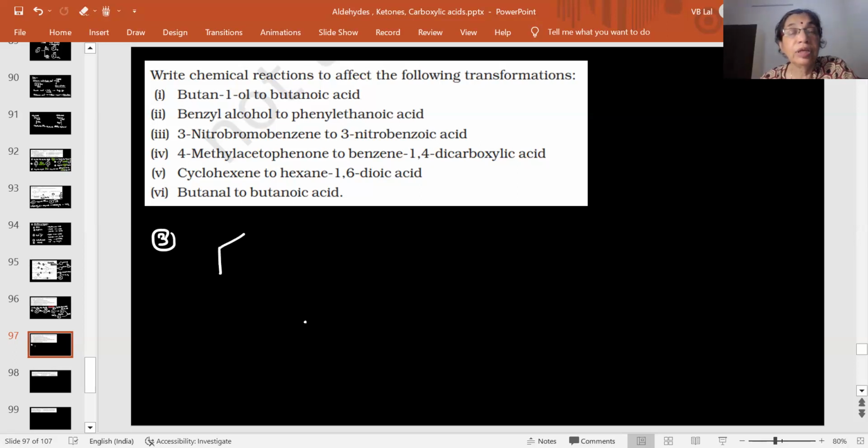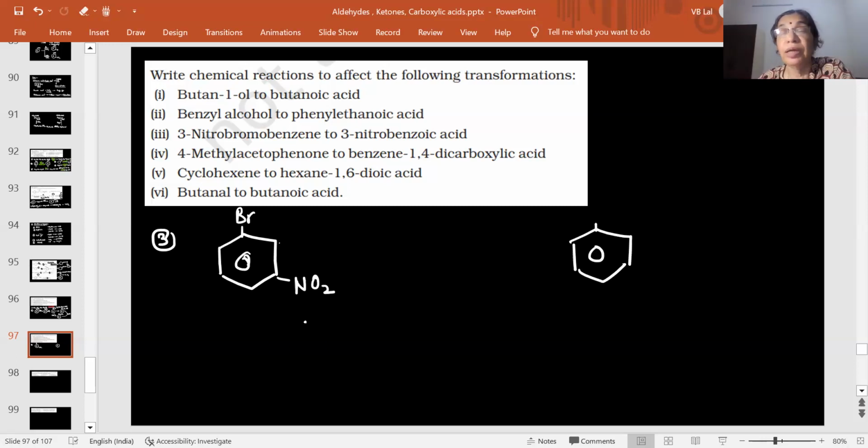So we have here Br and 3-nitro, 1, 2, 3, 3-nitrobromobenzene. I have to convert it to 3-nitrobenzoic acid. Now, does anyone have any idea what we should do?